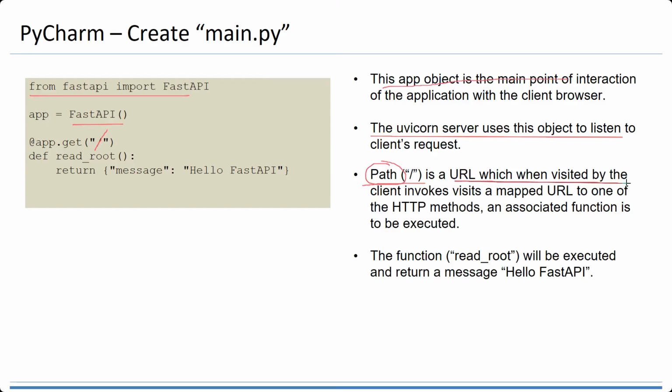When we visit this web page, it will visit the URL with the HTTP method. So there is an associated function, like this one, read_root. This is the associated function that will be executed. So the function read_root will be executed and return a message hello FastAPI.